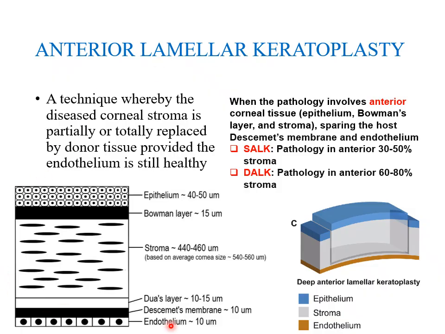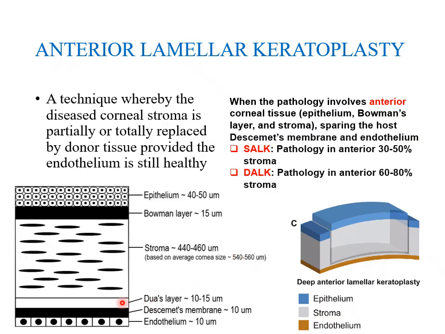It is going to be very useful if you try to remember the layers of the cornea and the thickness of each of them. Epithelium is 40 to 50 microns. There is no transplantation as such; epithelium grows on its own. Then there is Bowman's layer, which is 15 microns. The stroma is 440 to 460 microns.